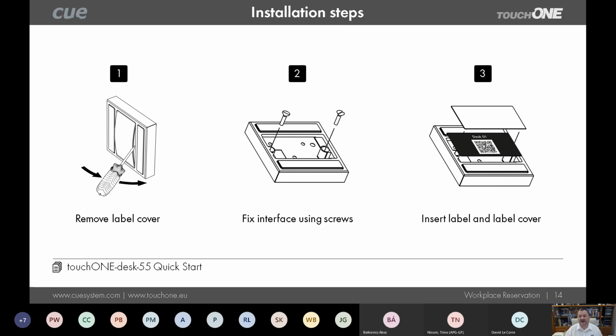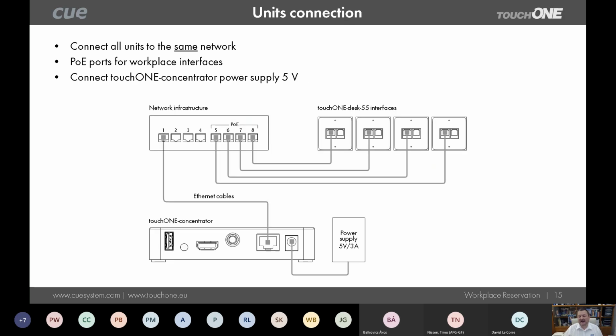Next, about connection. I mentioned at some point you have to connect all units in the same network. If you have a split of networks, if you have different subnets, you have to consider this typically regarding the number of concentrators. But now let's talk for this example about the same network.